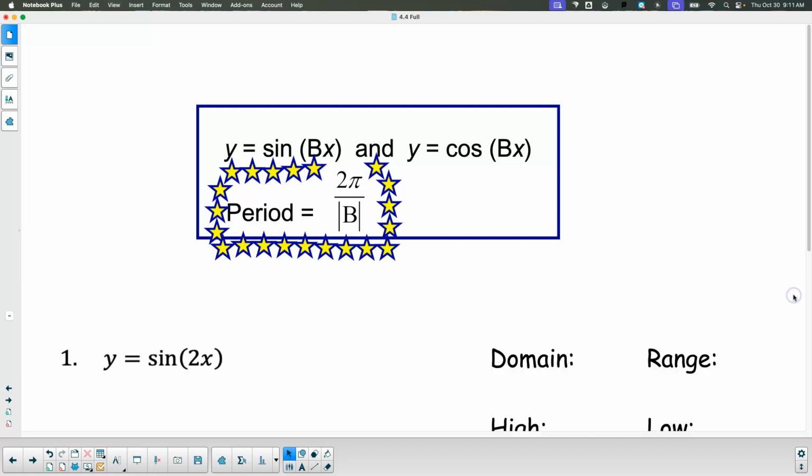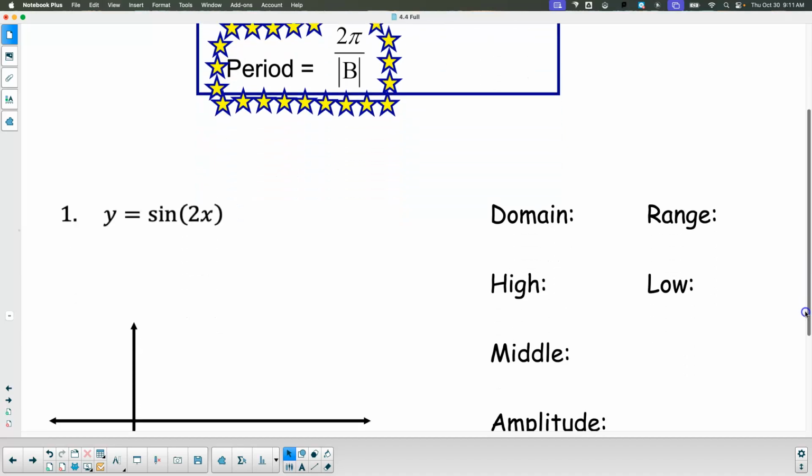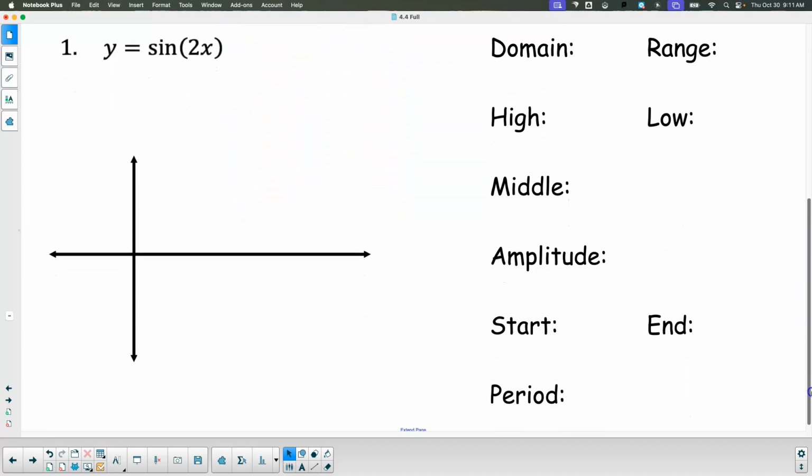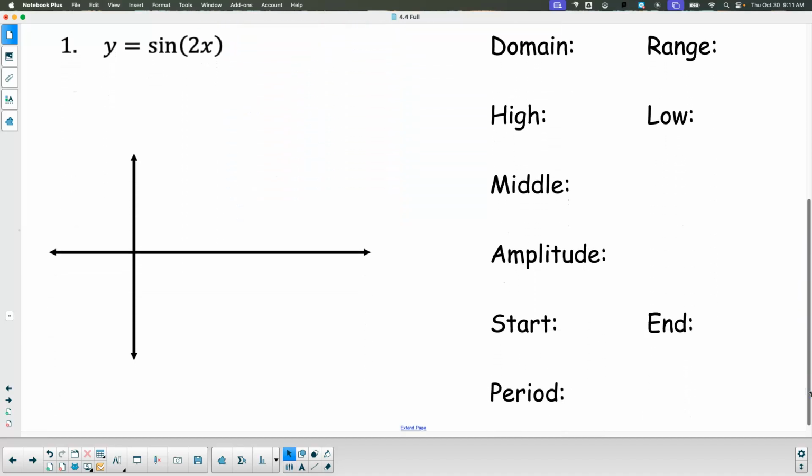Let's try one. So we have the sine of 2x. Okay? Let's go with what we know first. Tell me something that you already know about the sine of 2x. The domain is all real numbers.